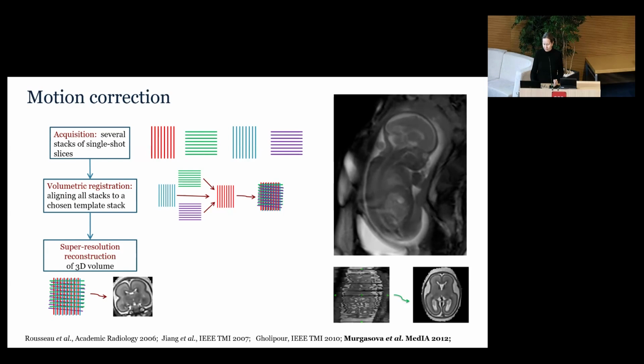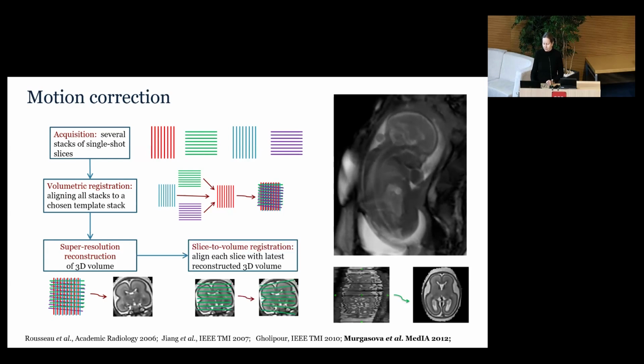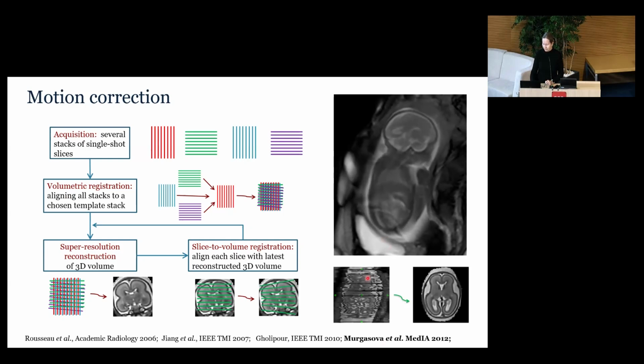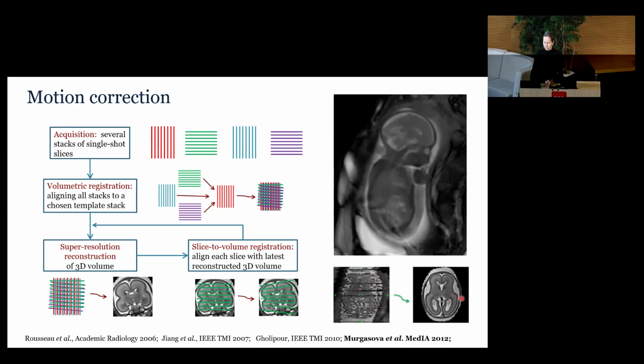And then we do the first super resolution reconstruction, from which we get a not very good quality blurry target, but it's good enough to align each slice separately to improve the alignment. And we reiterate this process. Currently, we are doing just 3 iterations, and that's enough for the method to converge. So you see here a little bit of the through-plane direction. This is the kind of messy data that we get, and after reconstruction, we can have a nice 3D volume.